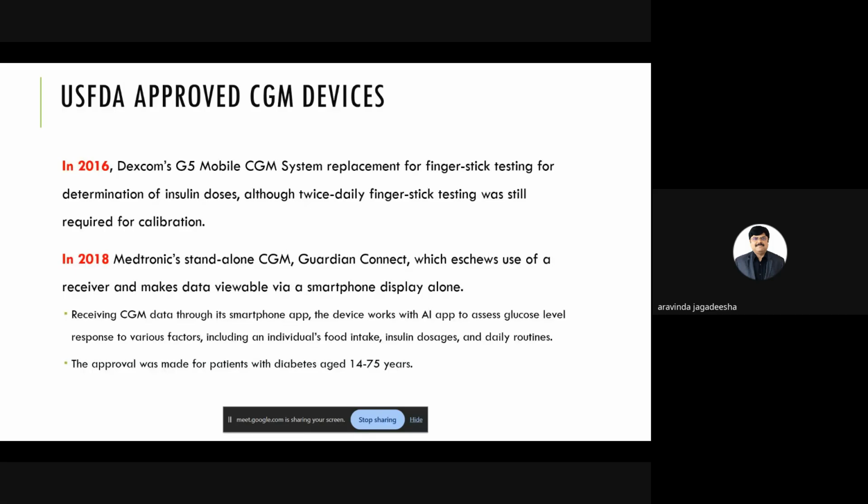In 2016, the Dexcom G5 Mobile CGM system was approved as a replacement for finger stick testing for determination of insulin doses, although twice daily finger stick testing was still required for calibration. In 2018, Medtronic's standalone CGM, Guardian Connect, eschewed the use of a receiver and made data viewable via smartphone display alone.